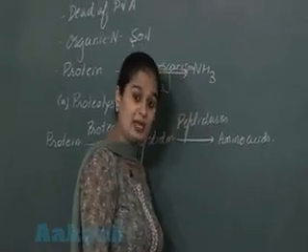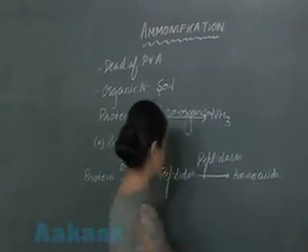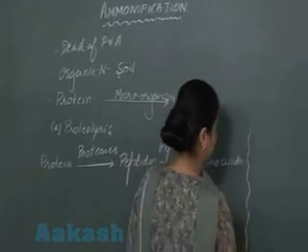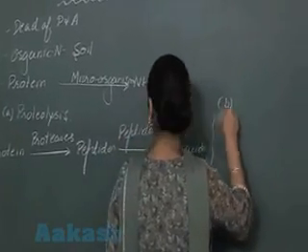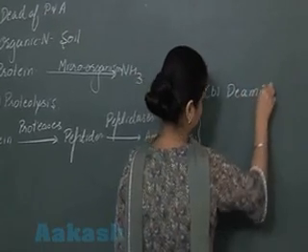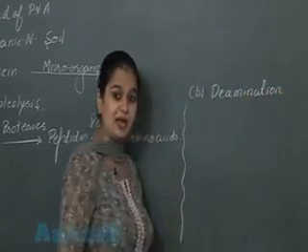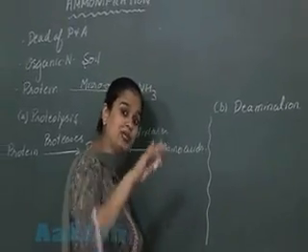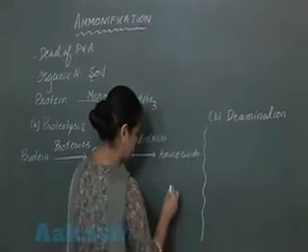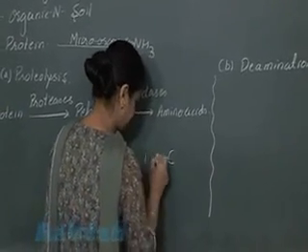Now let's see how the nitrogen is released from the amino acid. The amino acids will undergo the second step, that is deamination. In deamination, the amino group is removed from the amino acid. So this is the amino acid.